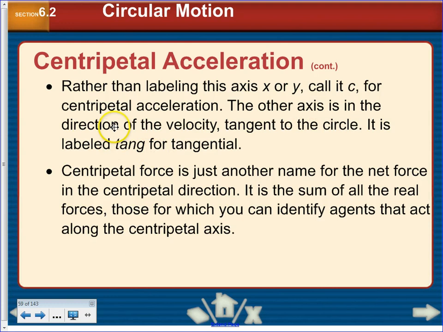The other axis is in the direction of the velocity or tangent, so we're going to call that tang. Centripetal force is just another name for the net force in the centripetal, or center-seeking, direction. It is the sum of all the real forces, those which you can identify agents for, that are acting on the object.